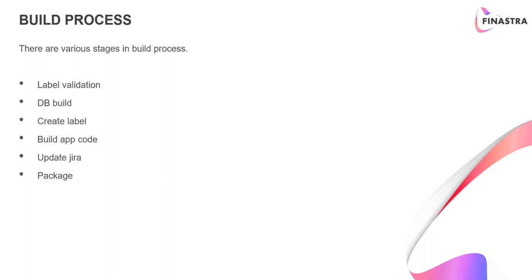Then those changes are put into various scripts. Once the DB build is successful, the new label, which was validated in the first step, will be generated. After that, all the code is compiled and ready to package.